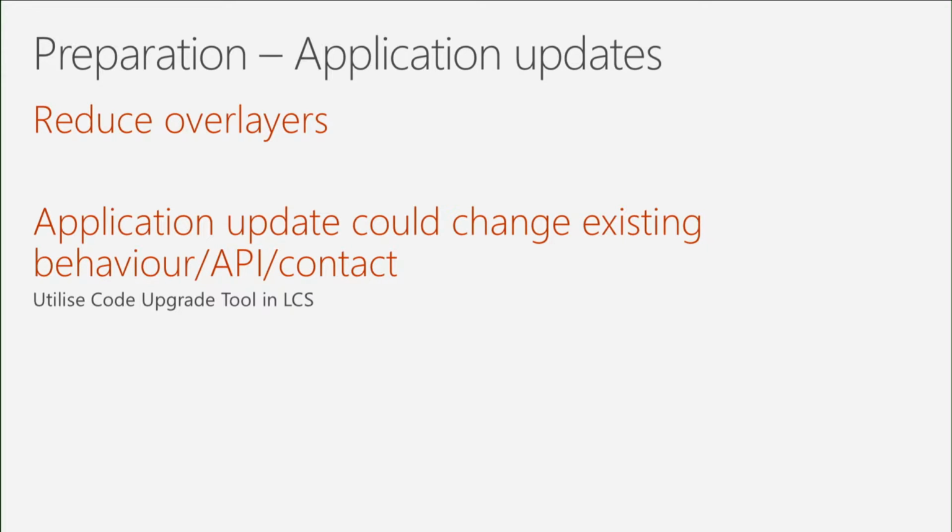Now, in an application update, it is possible that a method you were consuming from standard AX will change. There's potential for that. We'll talk a few slides down about what the application team does using our code upgrade tool to make that as smooth an experience as possible if they do make a change like that.